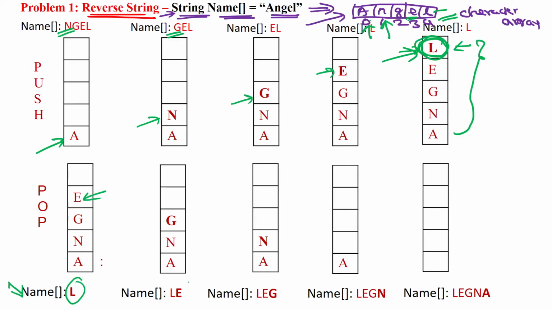Then pop out the e, stored into that array. Then pop out the g, then the n, then pop out the a, stored into the array. So here you look, we reversed the string. When the stack is empty, we can stop the pop operation.